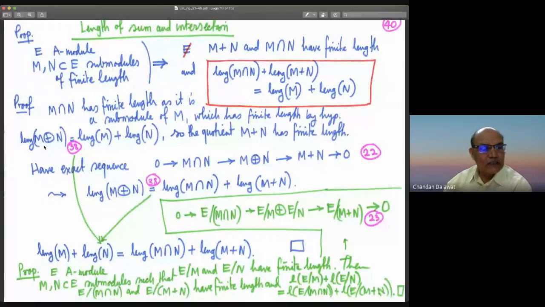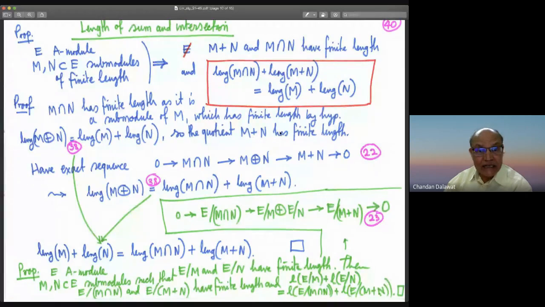Okay, so the first remark to be made is that the length of M direct sum N is of course equal to the length of M plus the length of N, because you have this exact sequence, M going to the direct sum of M and N going to N. The length of the middle thing is the sum of the lengths of the sub and the quotient.